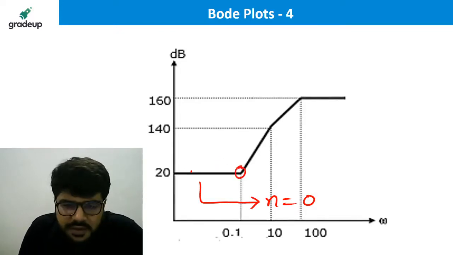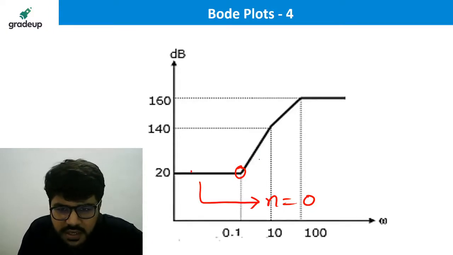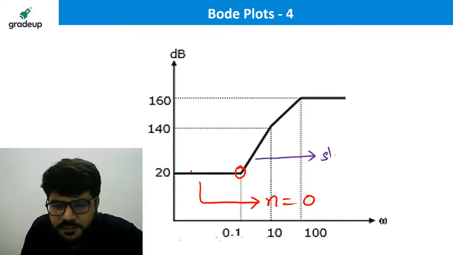Apart from that, the next thing: here the slope increases. By the way, what is the slope? Let us calculate the slope of this line.